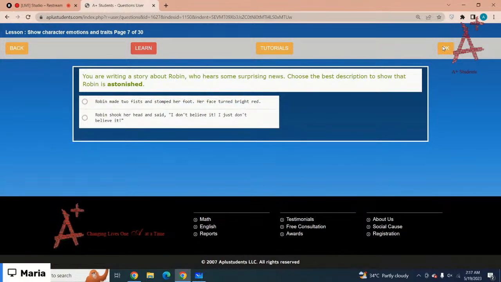You are writing a story about Robin who hears some surprising news. Choose the best description to show that Robin is astonished. So, which is the correct option? Robin made two fists and stomped her feet. Her face turned bright red. Robin shook her head and said, "I don't believe it. I just don't believe it." Which is the correct option?